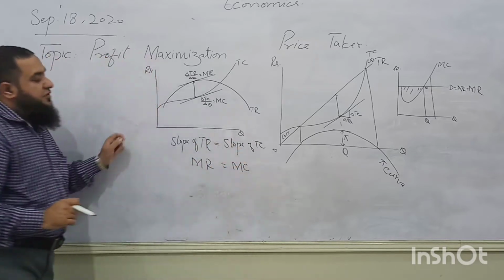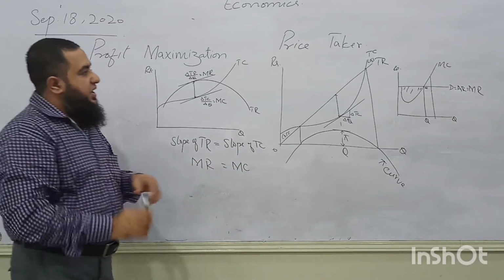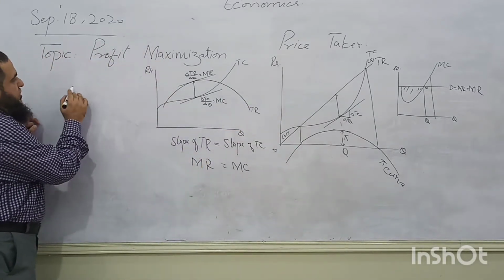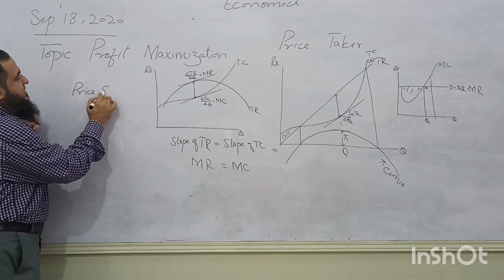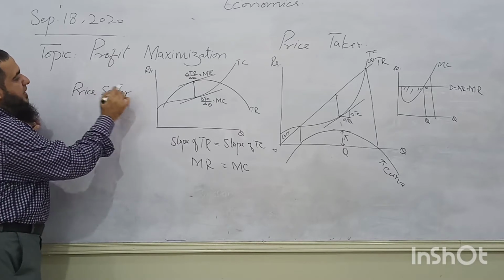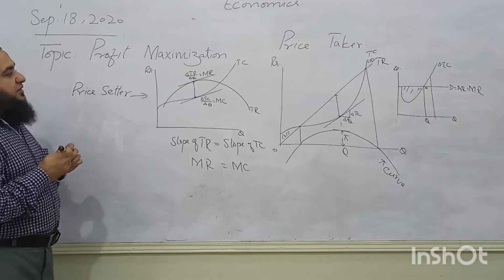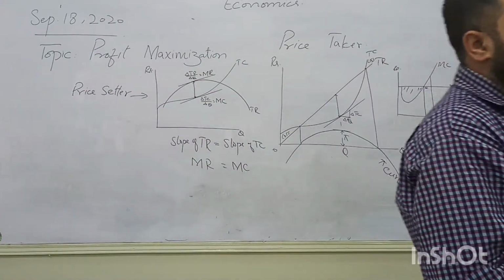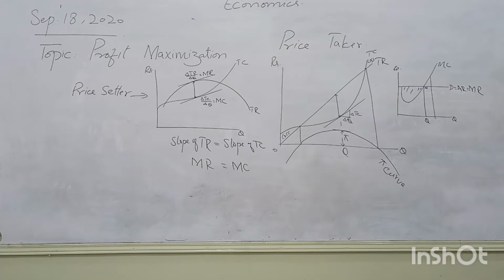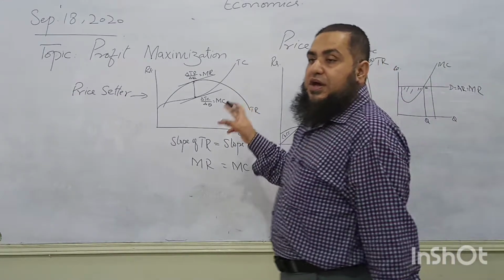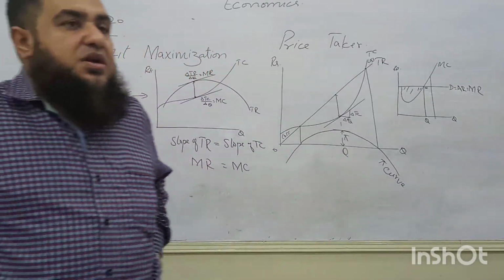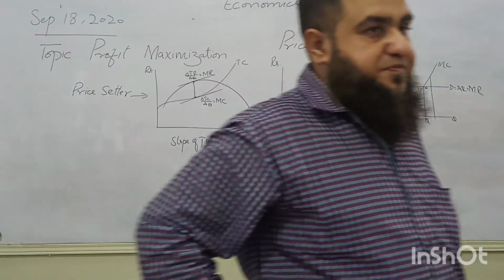For all the firms, whether they are operating in a price taking market structure or they are a price setter firm, they will be maximizing profit at the same point where marginal revenue equals marginal cost. The firm has to decide that level of output where profit is maximized, and this is the only point where marginal revenue is equal to marginal cost.